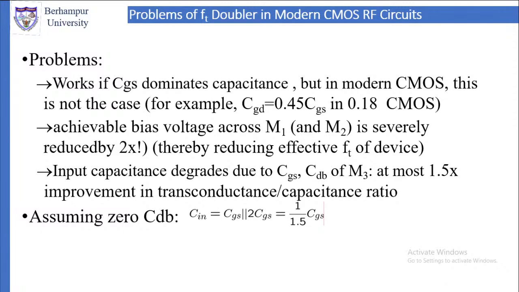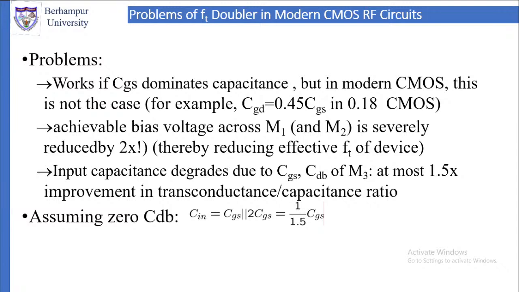Then the third problem is input capacitance that will degrade due to the CGS and CDB of M3. So at most 1.5 times improvement in transconductance capacitance ratio can be achieved.